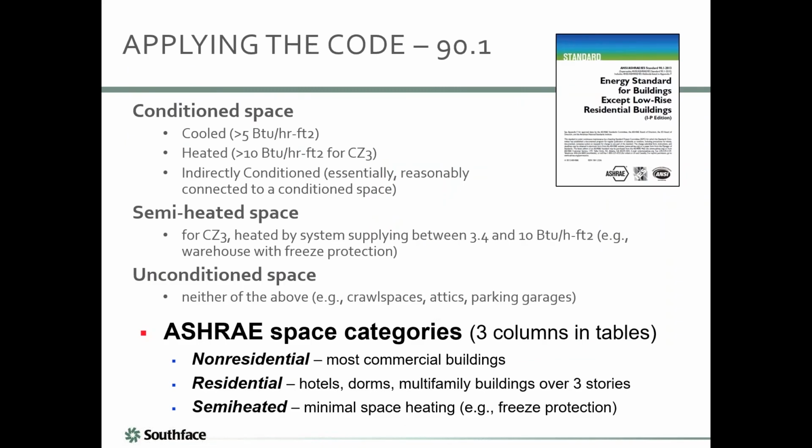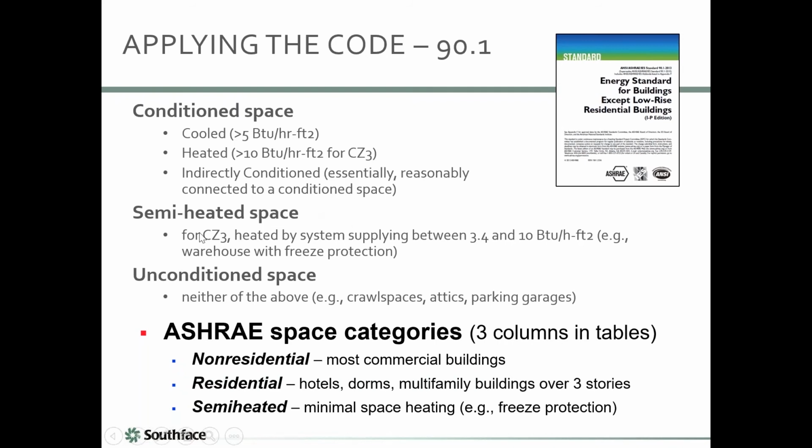When you look at ASHRAE 90.1, and the other code, it essentially says you've got a space that's moderately conditioned, a little bit of heat, a little bit of cooling, it's considered conditioned, or it's essentially connected to a space that's thermally connected. An example of that would be a spray foamed roof line. You may not be directly supplying conditioned air into what used to be the attic, but that's effectively inside the envelope.